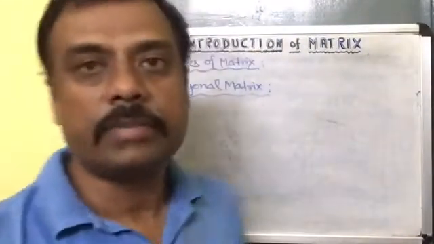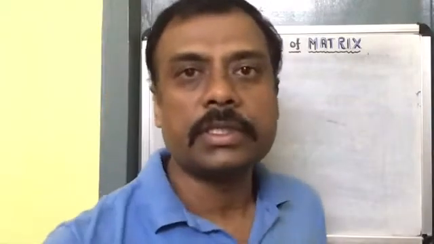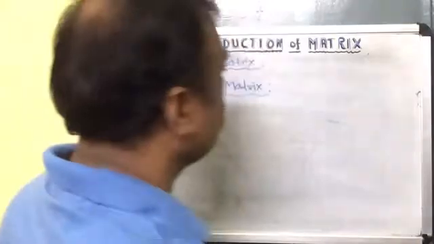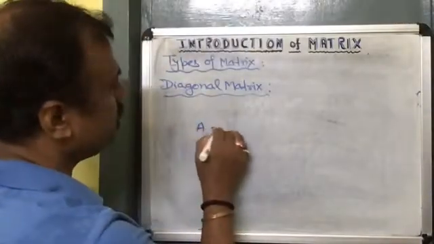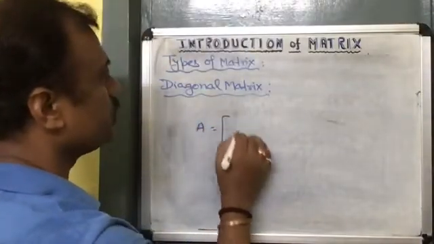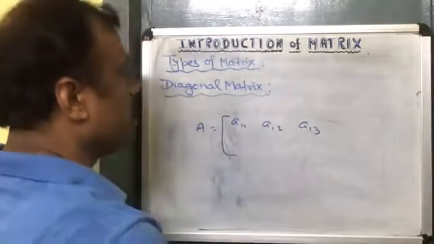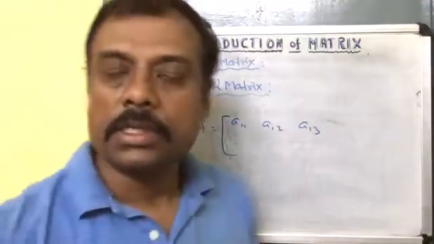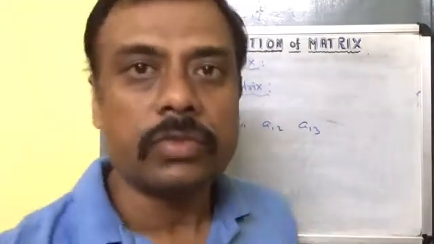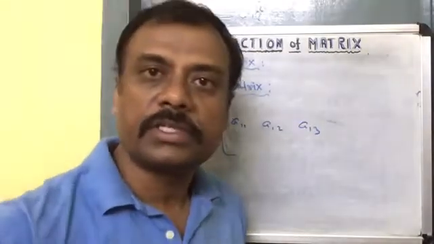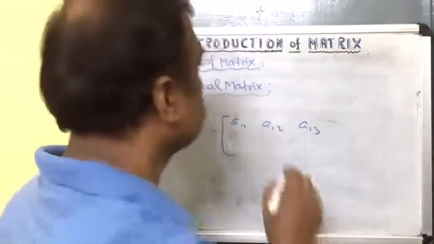Okay, now let us move to another type of matrix. Let us understand the diagonal matrix. Before discussing this matrix, we must know the meaning of diagonal here. Any matrix is represented, suppose, this way: A11, A12, A13, and this matrix is always taken as a square matrix. So its definition starts from the square matrix.